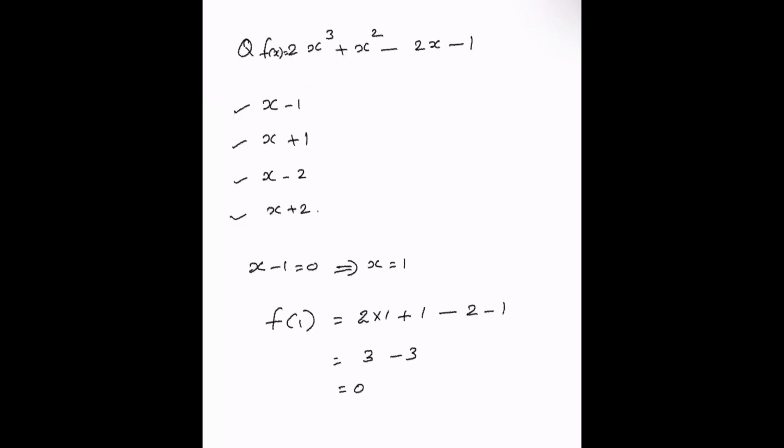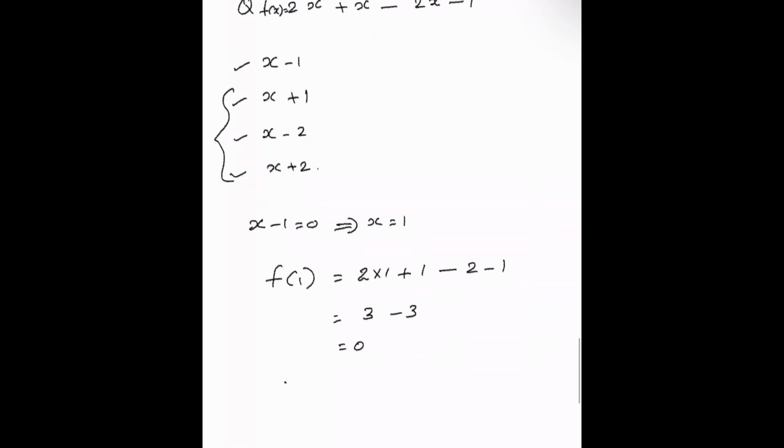Understood? So I don't need to try x plus 1, x minus 2 and all that. I already found one factor. So you will write, therefore, x minus 1 is a factor of 2x cube plus x square minus 2x minus 1.